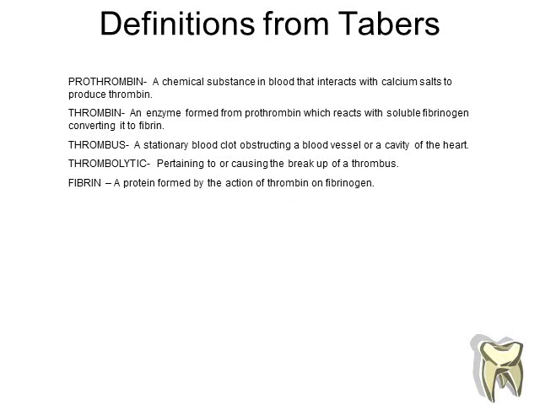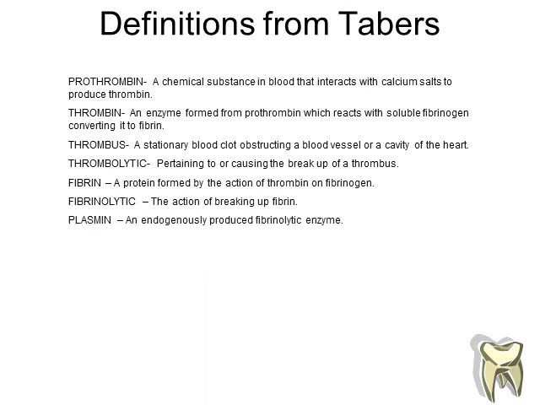Fibrin, a protein formed by the action of thrombin on fibrinogen. Fibrinolytic, the action of breaking up fibrin. Plasmin, an endogenously produced fibrinolytic enzyme. Plasminogen, a precursor to plasmin found in many tissues and body fluids.